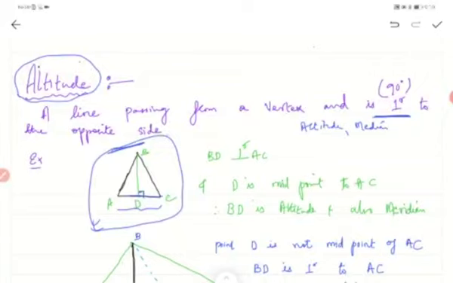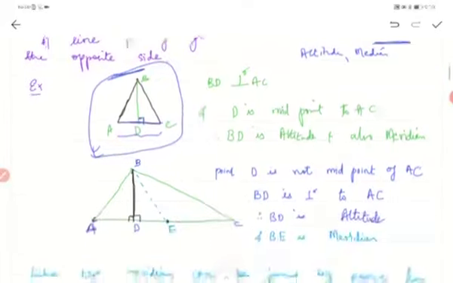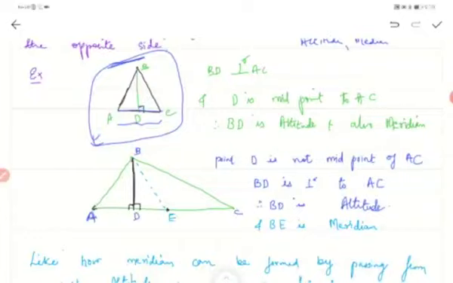Now if you have a case of a triangle something like this, here you can clearly see D is not the midpoint of AC, E is the midpoint. From B it is coming straight down and cutting the opposite side AC perpendicularly.